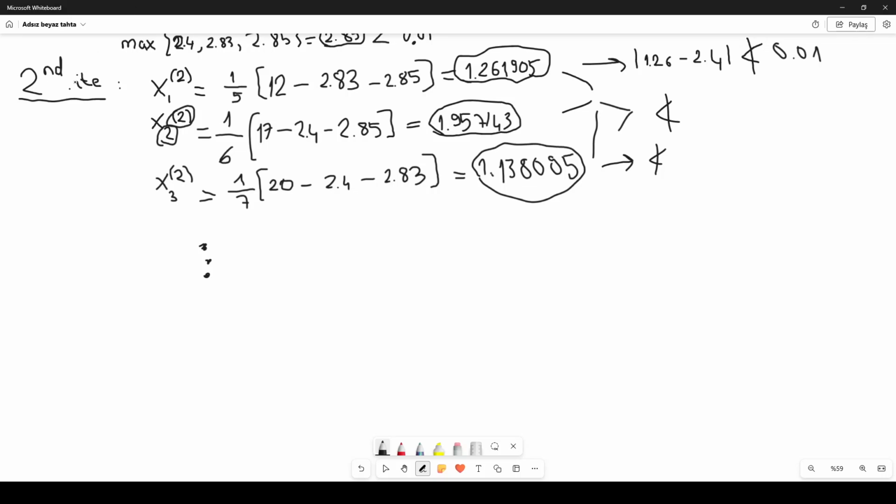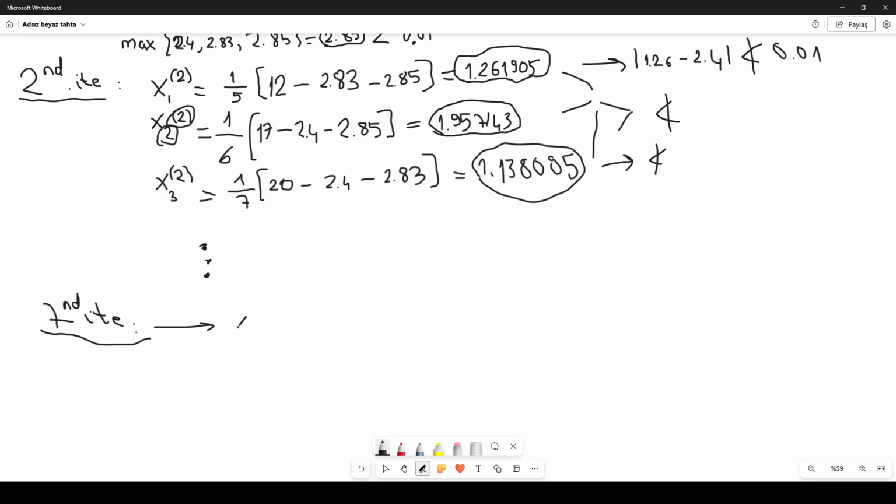In the 7th iteration, if you continue in this manner, I reach the desired error tolerance. In other words, all the unknown variables satisfy the pre-assumed error tolerance.